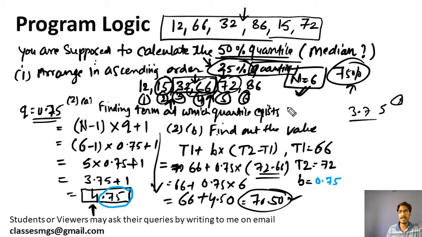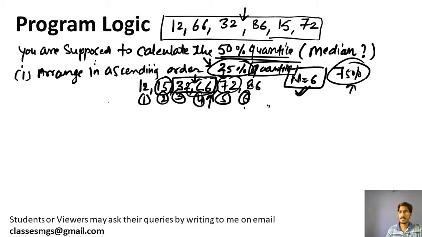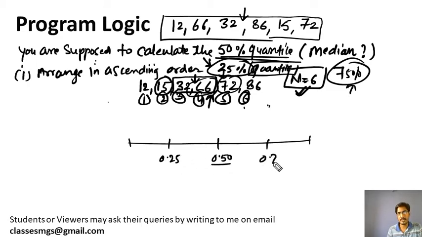Okay, so I will draw a line, and if you draw a number line, then you will see this will be the 0.50, and this will be the 0.25 and this will be the 0.75.